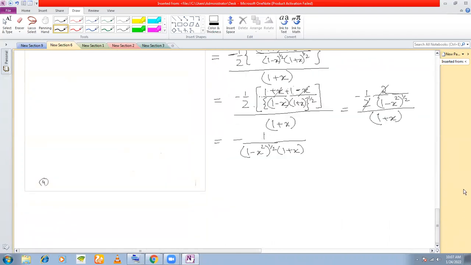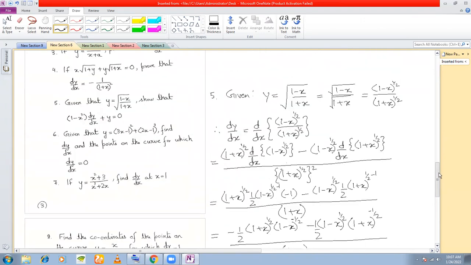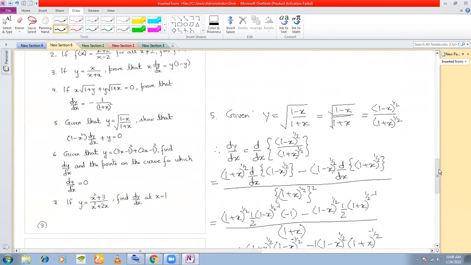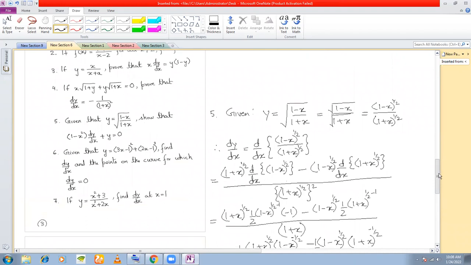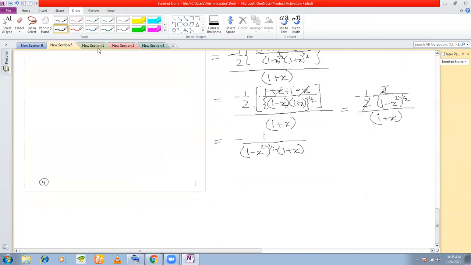This is the value of dy dx that we are getting, and what we need to show here is that 1 minus x squared dy dx plus y is equal to 0. So we start from the left hand side. LHS is equal to 1 minus x squared dy dx plus y. Okay, so this is 1 minus x square.